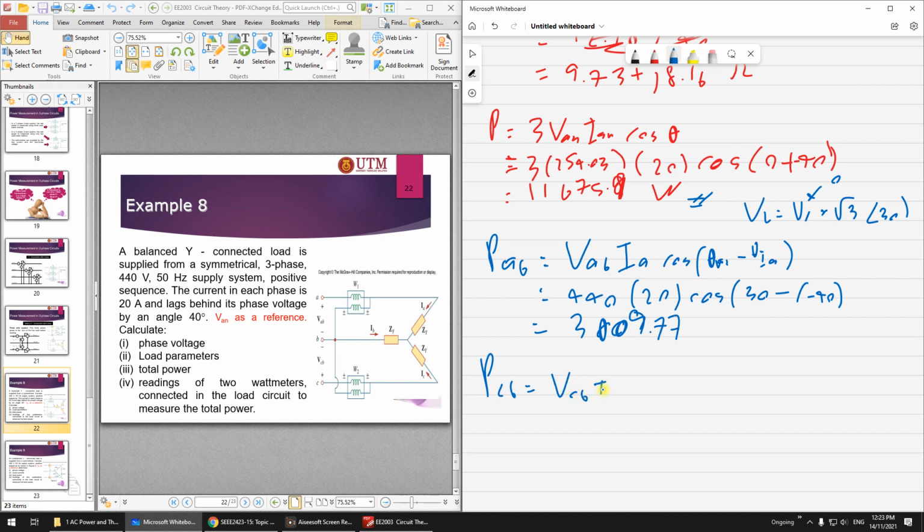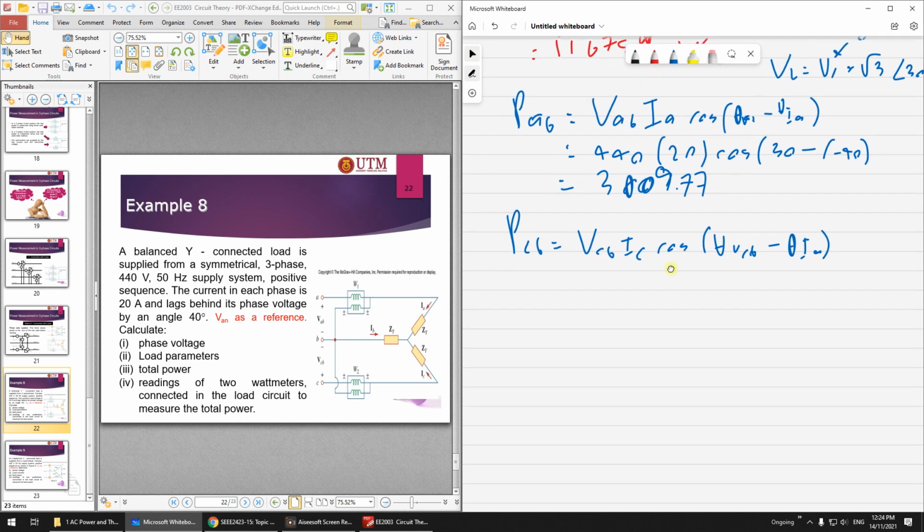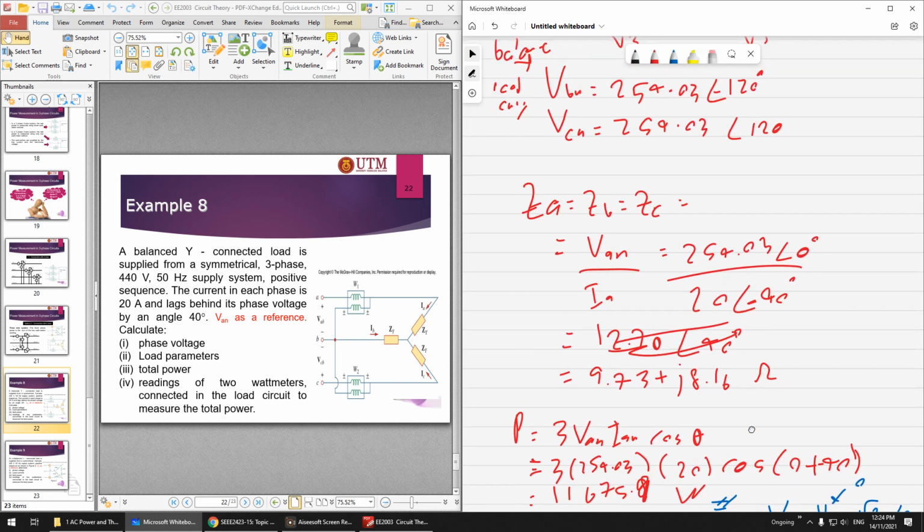So P_CB is basically V_CB I_C cos theta, theta V_CB minus theta I_A. So theta V_CB, you have to do a loop here. So let me pause this a bit. I_C you already obtained it here.